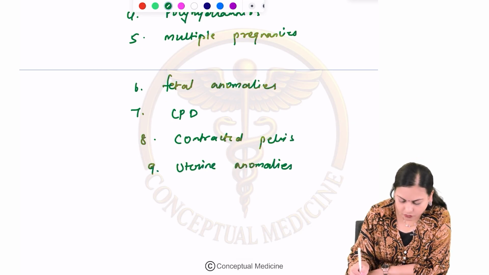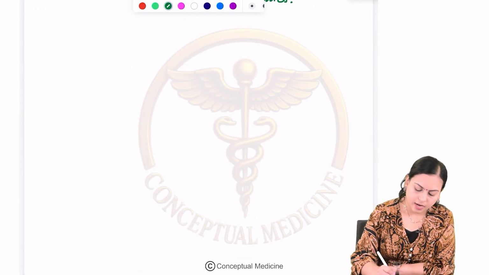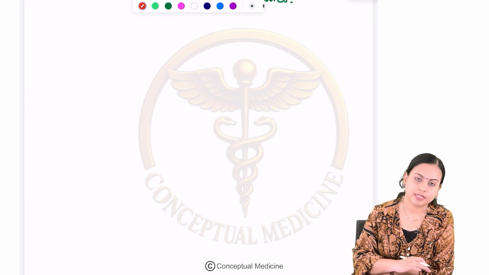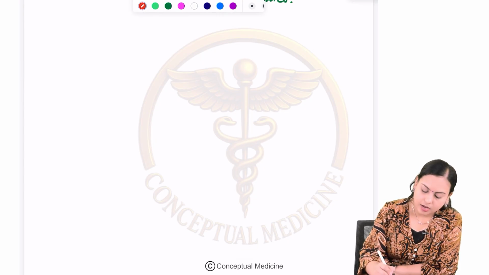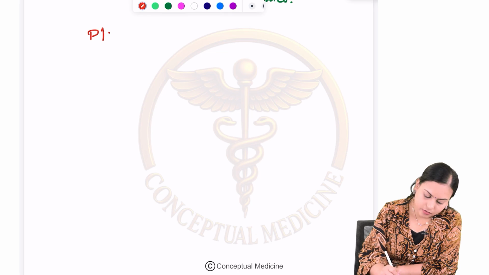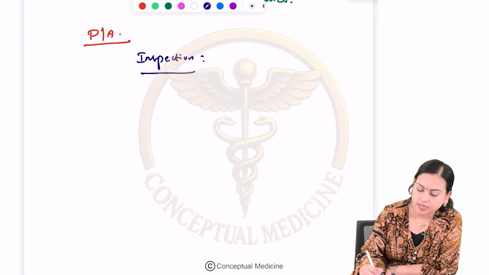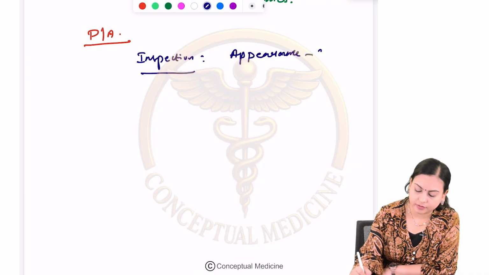So, these are the causes for shoulder presentation. And how will we diagnose shoulder presentation? When we do a per abdomen examination, you have to identify it with the inspection itself, because the appearance of abdomen will be somewhat asymmetrical.